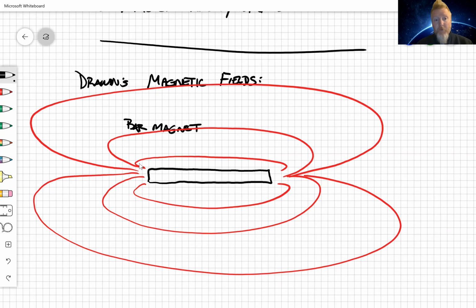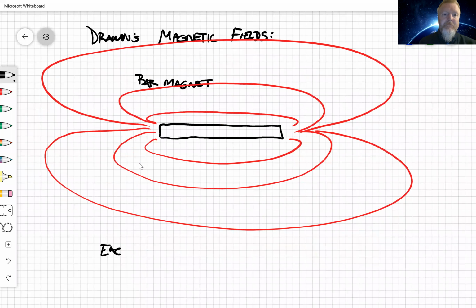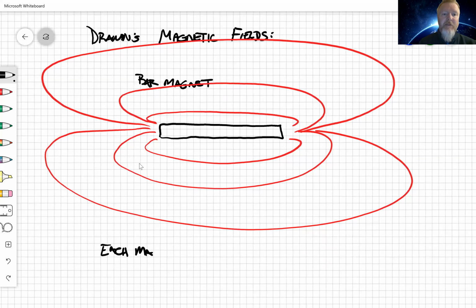So we find that there are two ends to each magnet. Incidentally, each magnet has two ends, which is a bit of a funny thing to say, but when you look at the field, it's like it's coming out from one side, but it's also coming out from the other side.